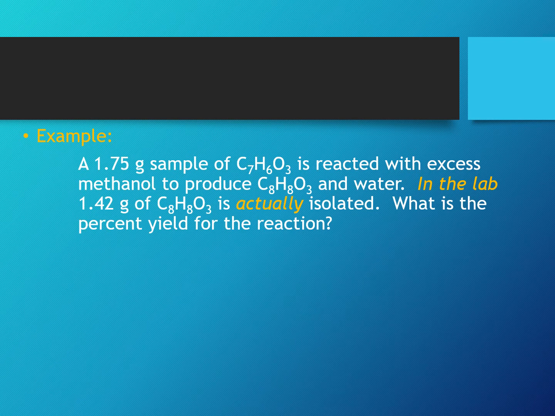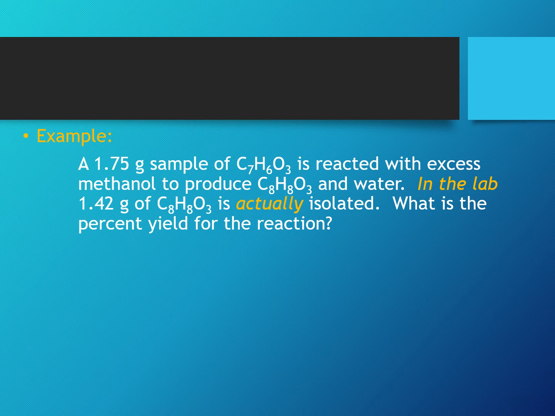So here's our example, and this is the super short one. A 1.75 gram sample of C7H6O3 is reacted with excess methanol to produce C8H8O3 and water. In the lab, 1.42 grams of the C8H8O3 is actually isolated. What is the percent yield?